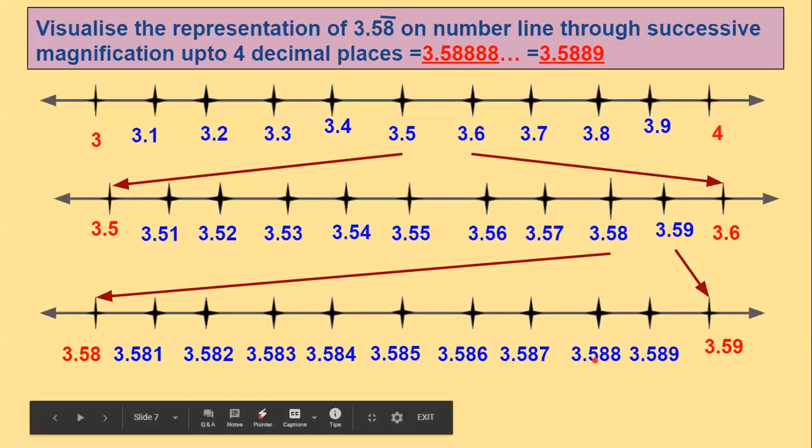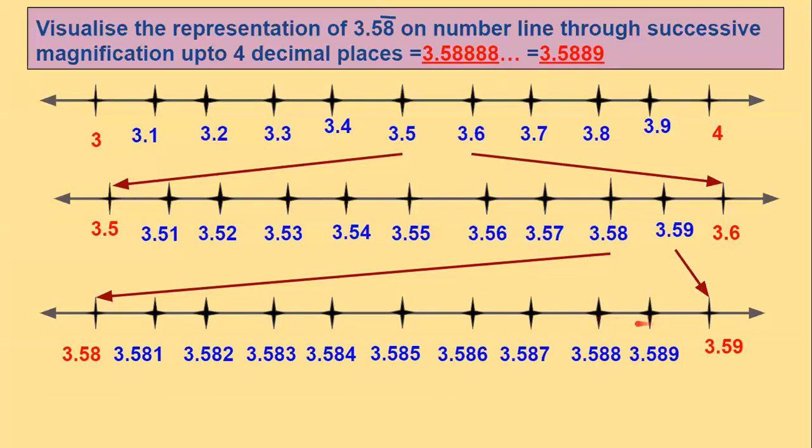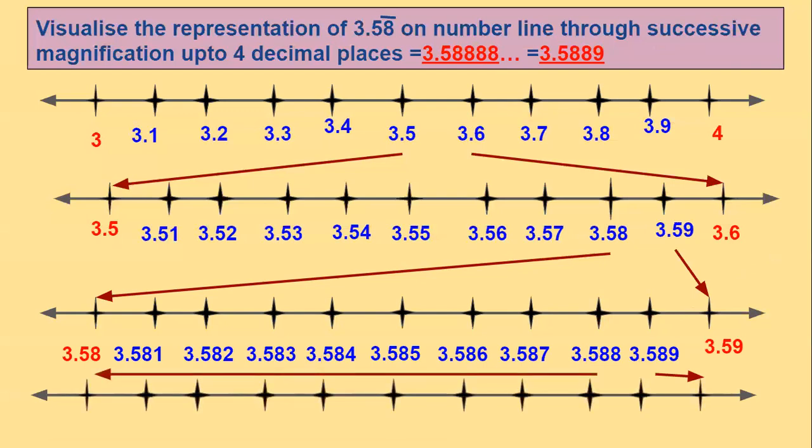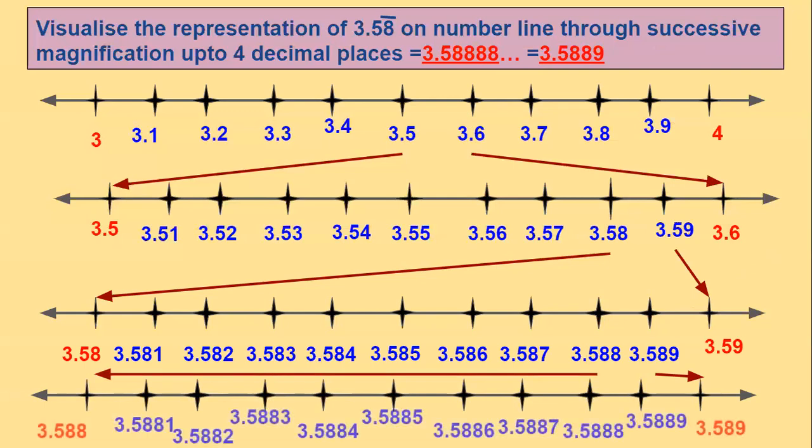So this is 3.588. Again, this is 9, no? So we have to divide this part into 10 equal parts. Like this, one more line we have to take, and we have to mention 10 points like this. See here, again 3.588.